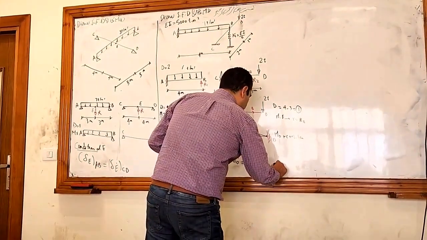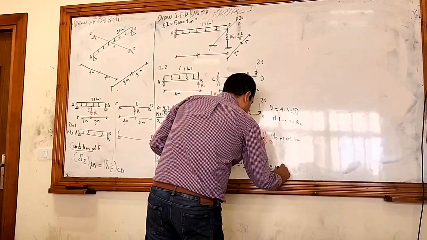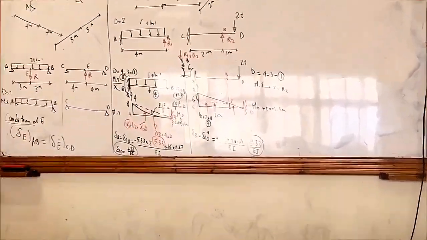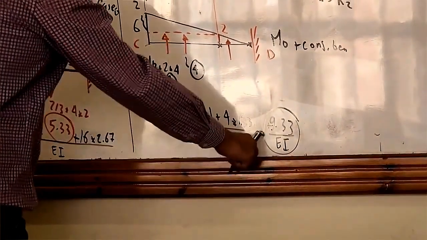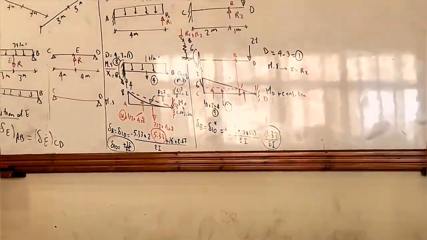Yeah. 9.33 positive divided by EI. So delta 1 node is positive 32 divided by EI, and delta 1 node dash or star is 9.33 divided by EI. Okay, what will be the next step?